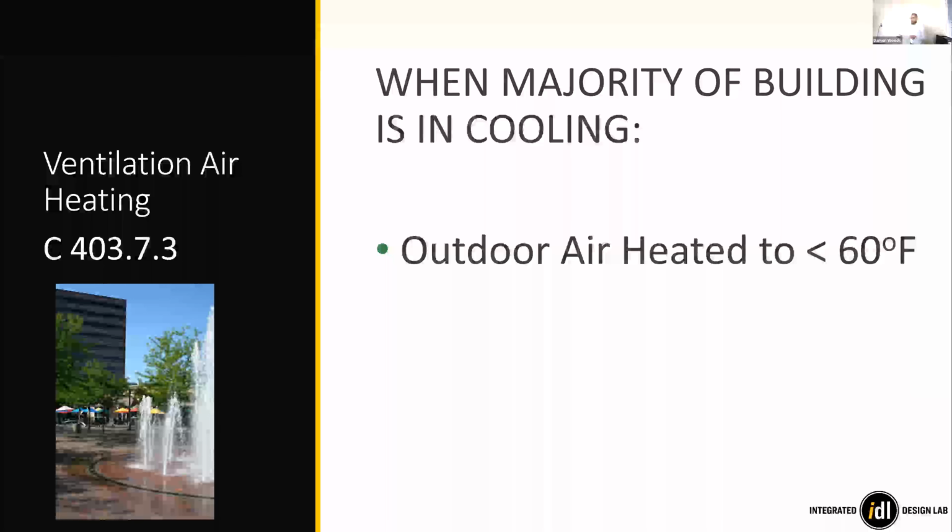This applies to buildings that have both heating and cooling, and the majority of the building is in cooling mode. Now, how do you know that the majority of the building is in cooling mode? Either you've got an energy management system that will calculate the number of zones that are in cooling versus heating, and it will trigger this control, or you can just have it based on the outdoor air temperature, and that's going to trigger not overheating your outdoor air that's coming into the building.